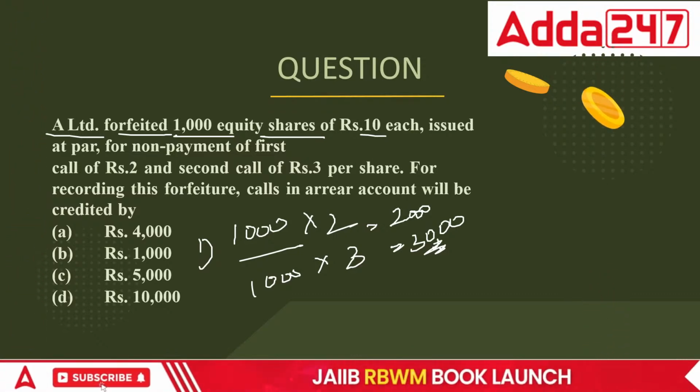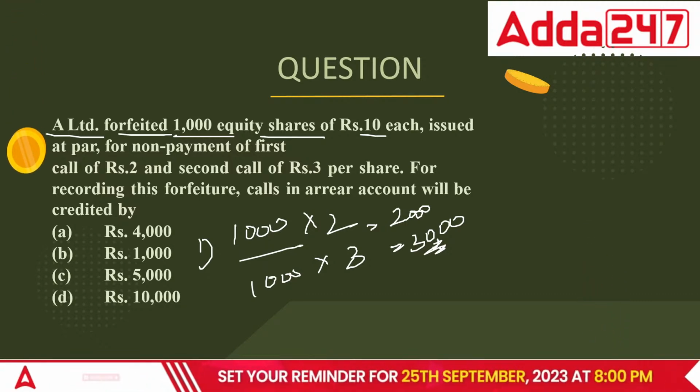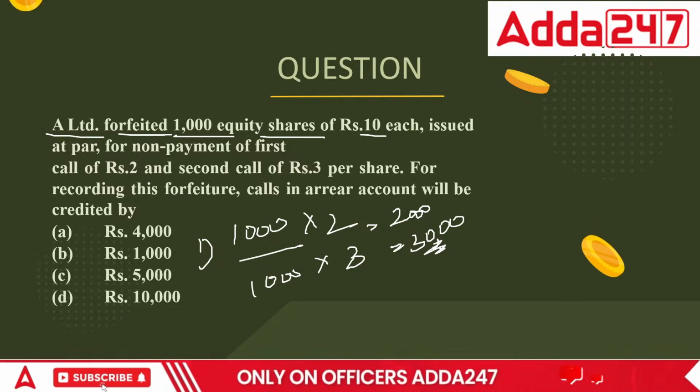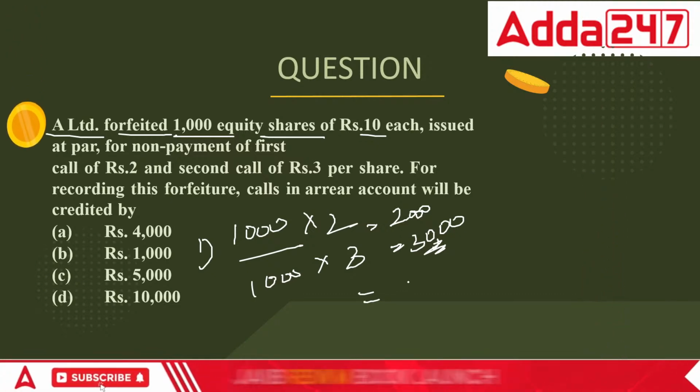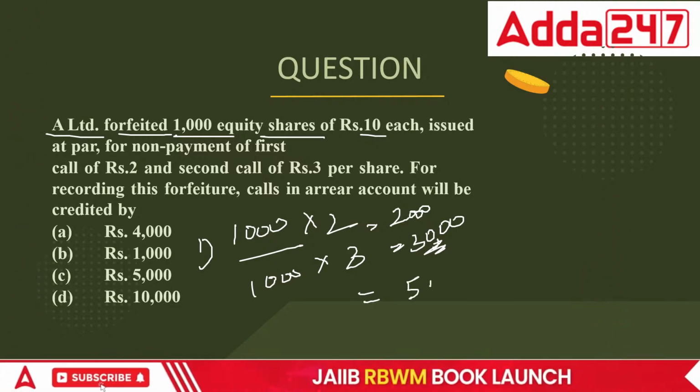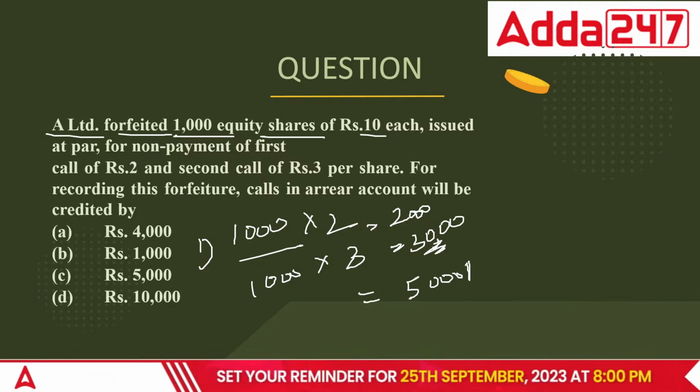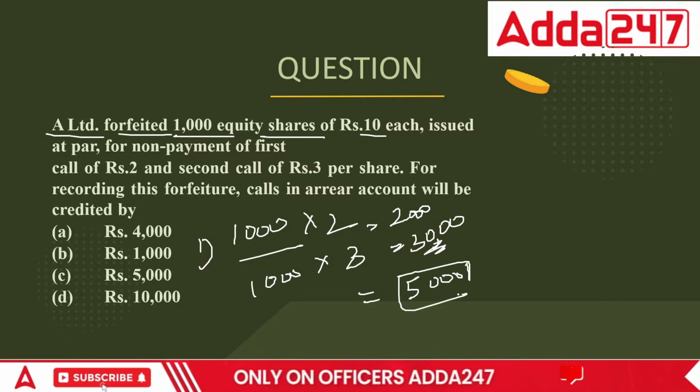The moment you find out that the people are unable to pay the entire amount, what are we going to do then? Simple, we'll just add it up. Basically, they cannot pay a total of rupees 5000. This amount is going to be their total calls in arrears.